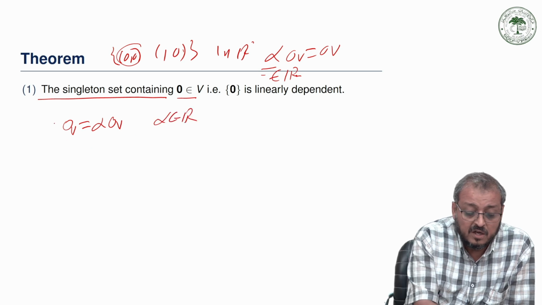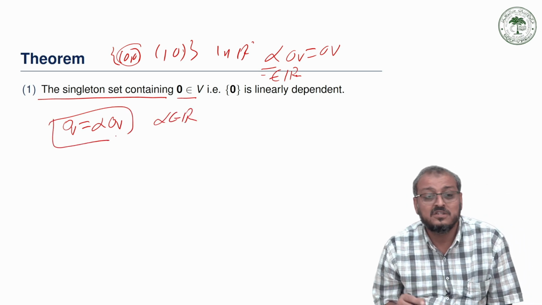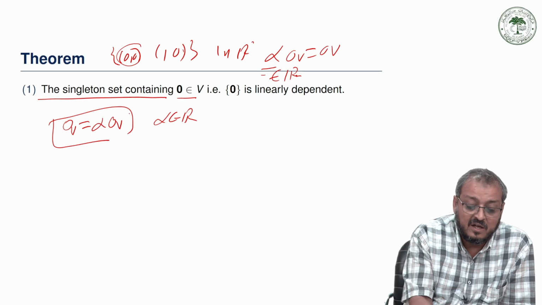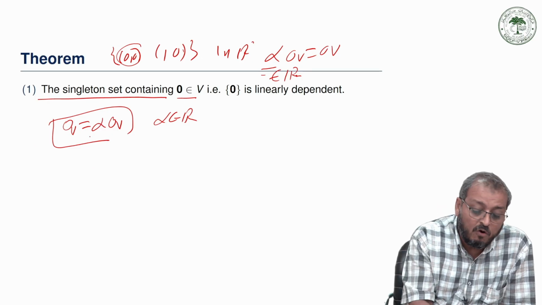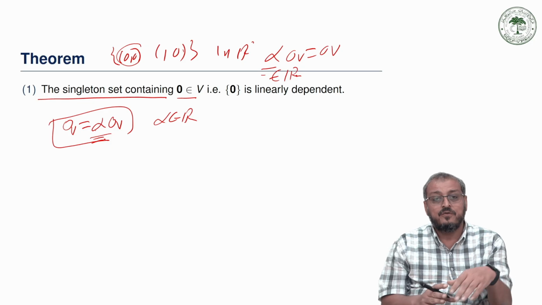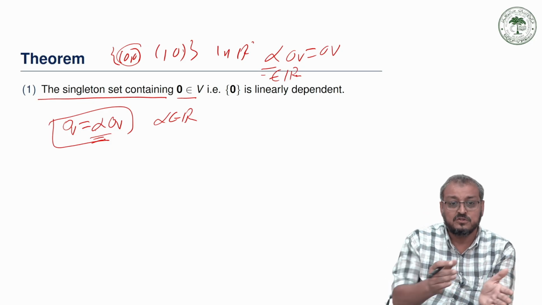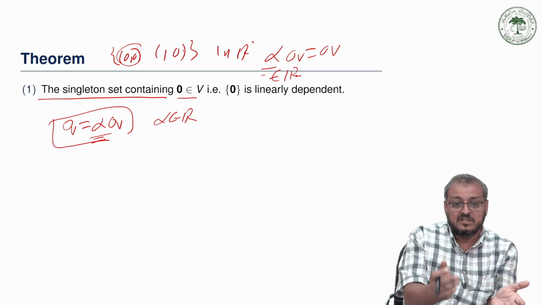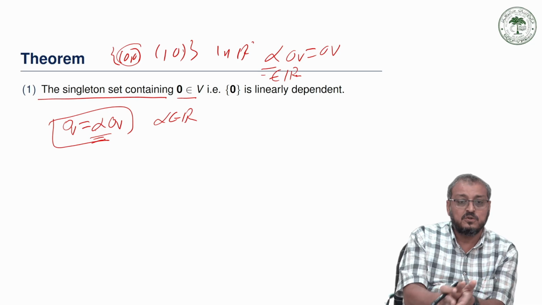So this holds for all alpha belonging to R. This means there is not a unique solution; alpha can take any value and it always gives 0. So this equation has infinitely many solutions. For alpha equal to 1, 1 times 0 V is 0; for alpha equal to 2, 2 times 0 V is 0, and so on.